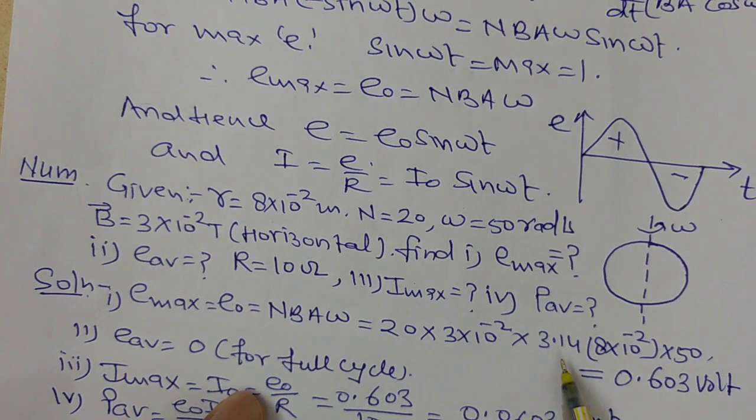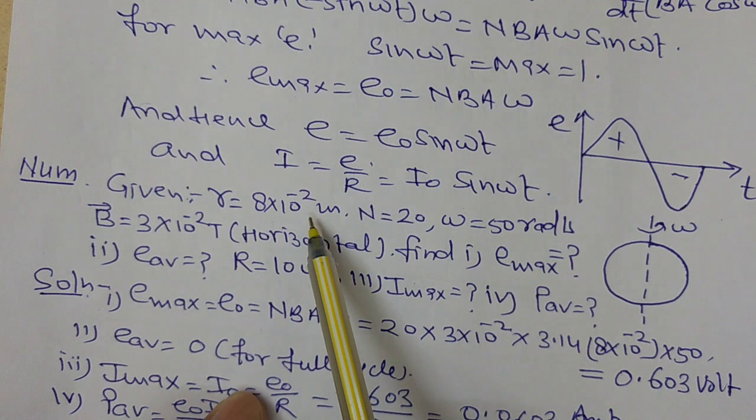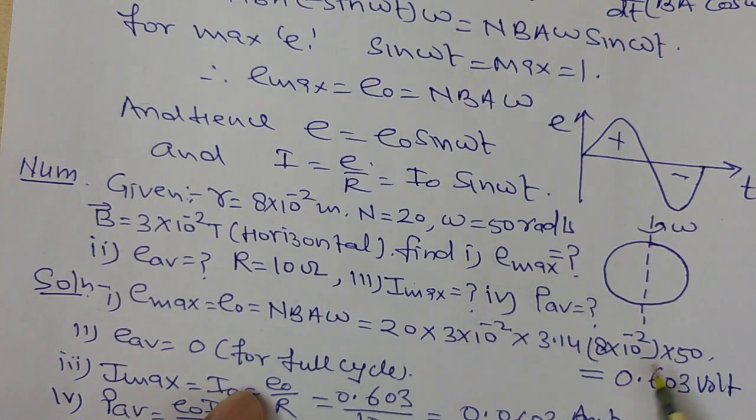Pi is equal to 3.14 and the radius is here 8 × 10^-2 meter. And this omega is 50 radian per second. Now on putting all these values and on solving, the value of E max is 0.603 volt. We get the value of E max here.